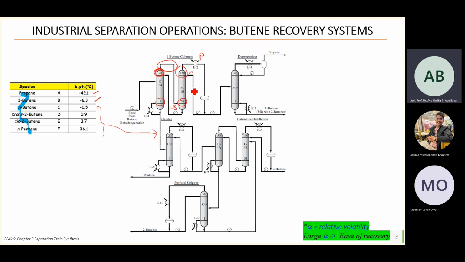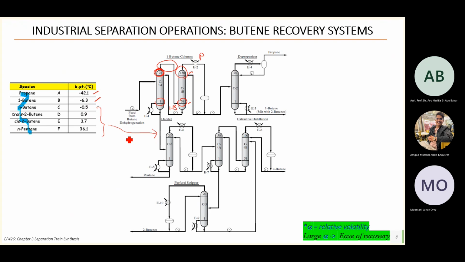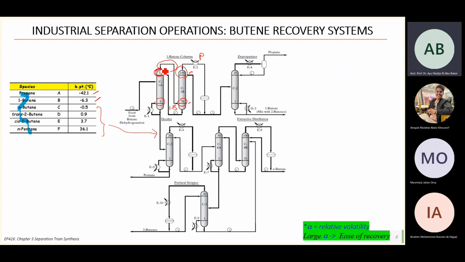Notice the difference in temperature over here. According to this temperature, propane will go to the top because propane has a lower boiling point compared to the butene, right? So that's why the butene is being recycled back to the first column.